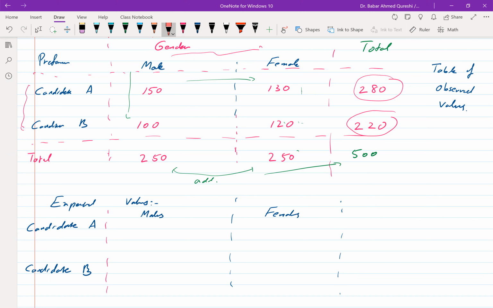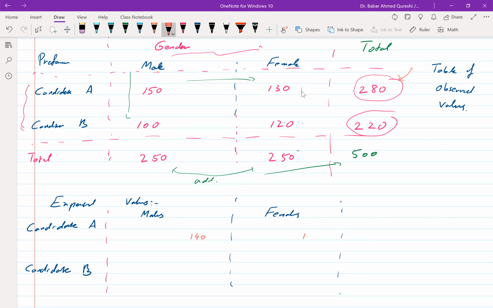Now, since I chose this problem because it was very simple, I already know what I was expecting. The total number for candidate A is 280, which are showing the preference for candidate A. So I was expecting 140 each to be male and female, because the number of males and females are equal. So this should be equally divided if the preference does not depend on these categories of being male or female.